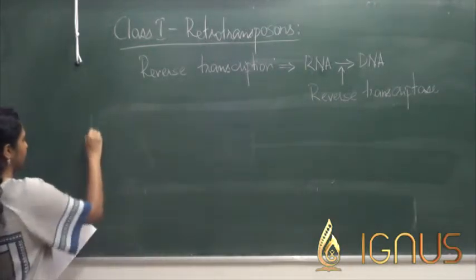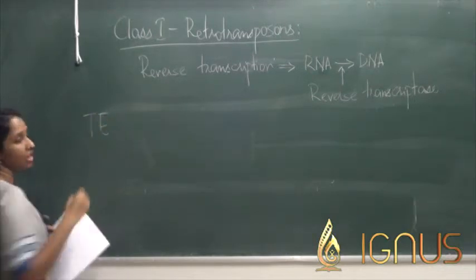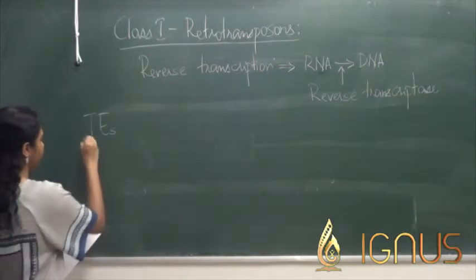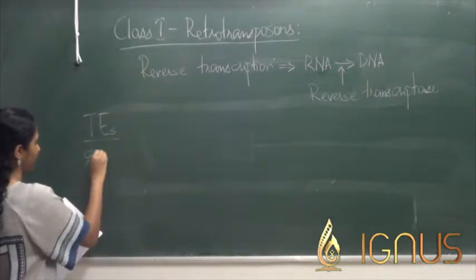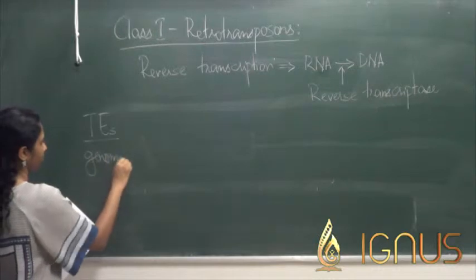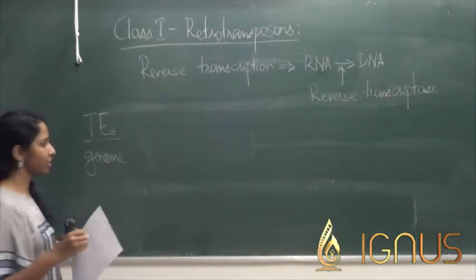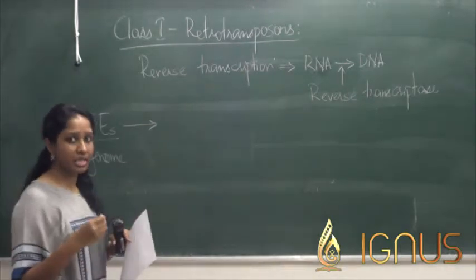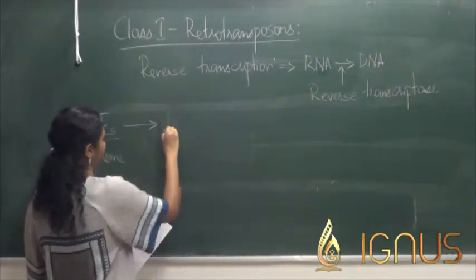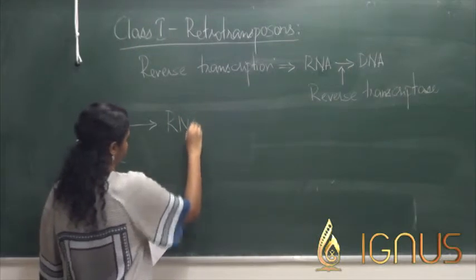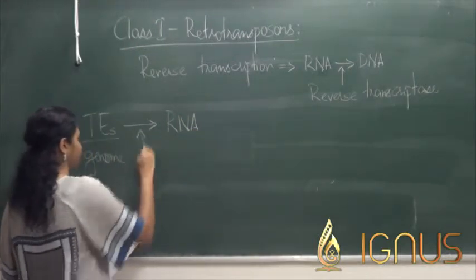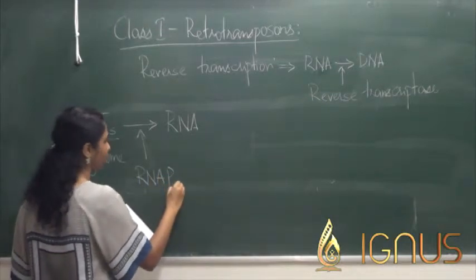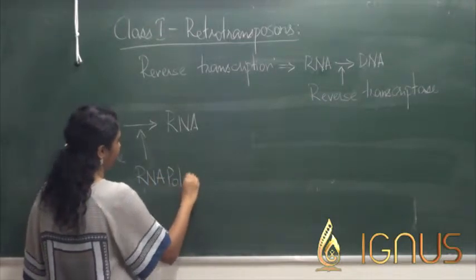Now imagine that there is a retrotransposon, and this is there in the genome of that organism. Right? It is present in the genome of the organism. Now this retrotransposon is going to get transcribed to RNA with the help of RNA polymerase 2.